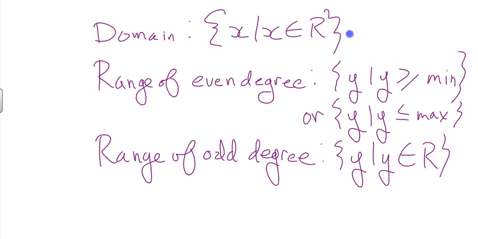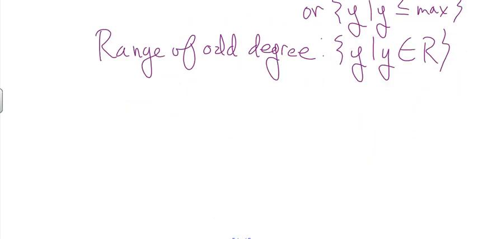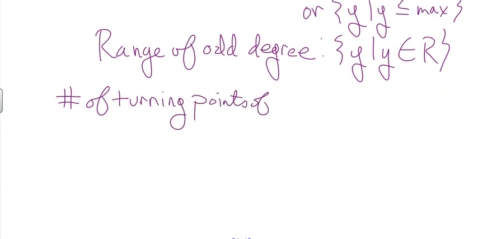Number of turning points. What's the number of turning points? Or what is the possible number of turning points? So let's do this. Number of turning points of degree n is how many? Let's say maximum number, right?